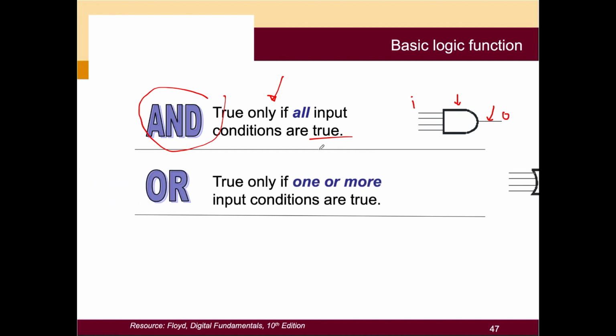Next, about the OR gate. The behavior is you can only get a true or 1 or high output if 1 or more input conditions are true or 1 or on or high. In this slide it is represented as true.